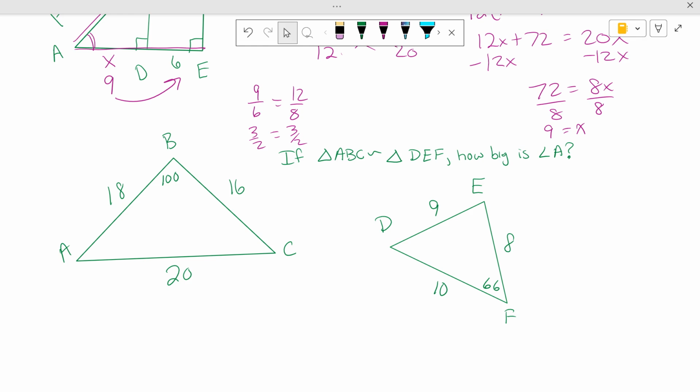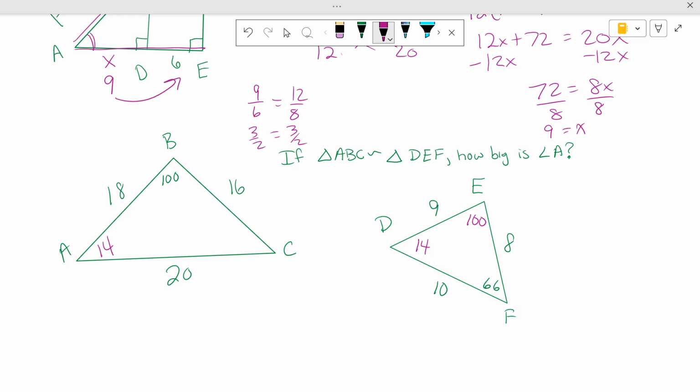B goes with E. E has to be 100. Okay, if E is 100 and this is 66, they add up to 166, right? What's left for D? How many degrees are in a triangle? 180. How much is left for D? 14. So if D is 14, A is 14, and that's what's left.